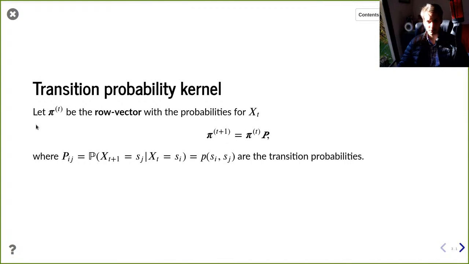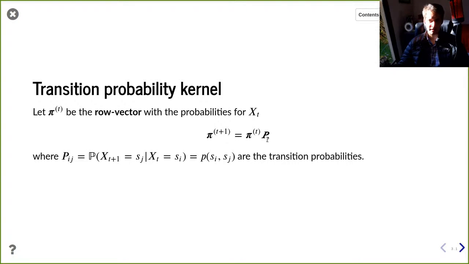And in class you saw this vector pi. That is a row vector that denotes the probabilities of the states. And as you can see here, the future, or the state t plus 1, only depends on the state t, that's the present.